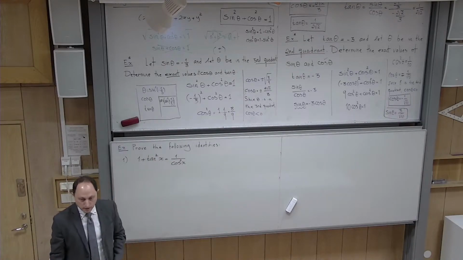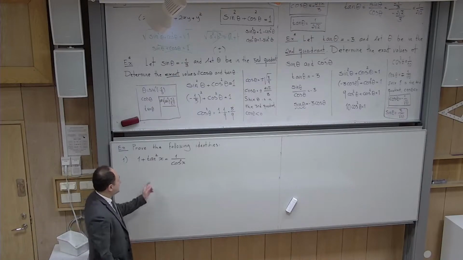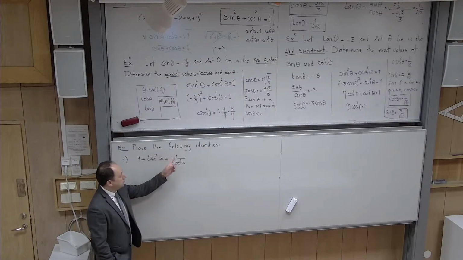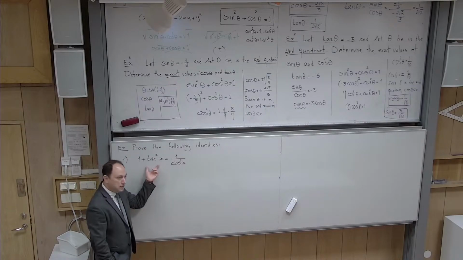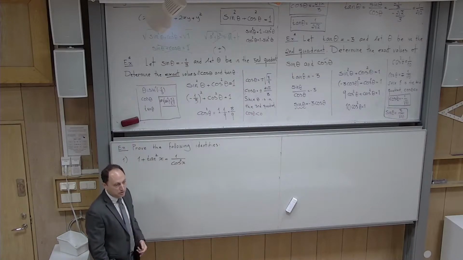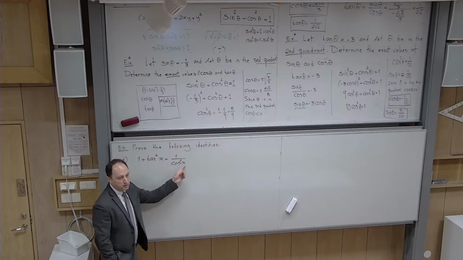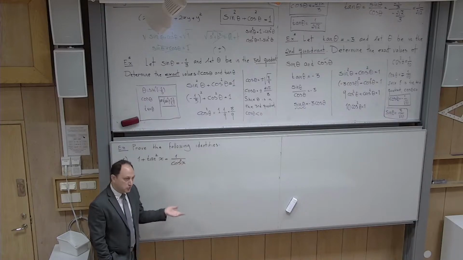And by the way, let me mention one thing in passing, that whenever I ask you to prove the following identities, it means that whenever they are meaningful, they are correct. For example, this identity is not valid if x is 90 degrees. Because if x is 90 degrees, cosine of 90 degrees is 0, and then 1 over 0 is meaningless.